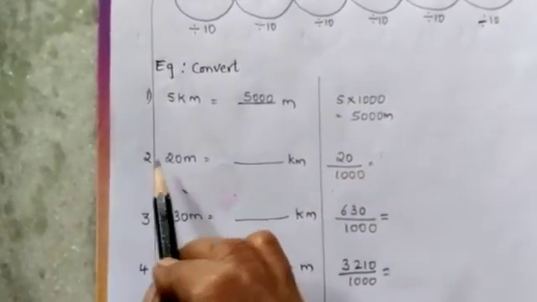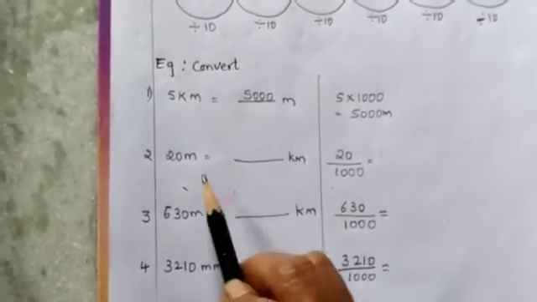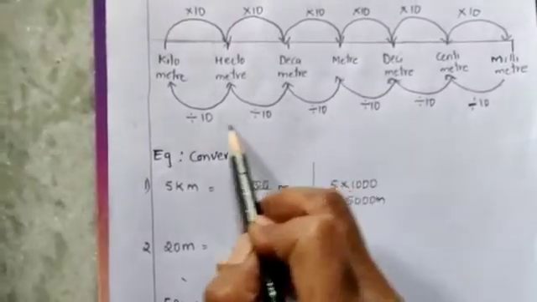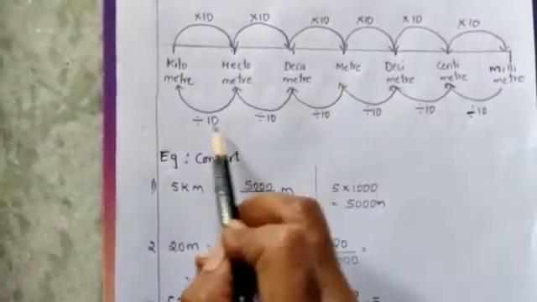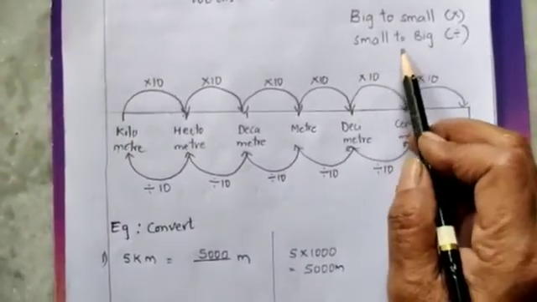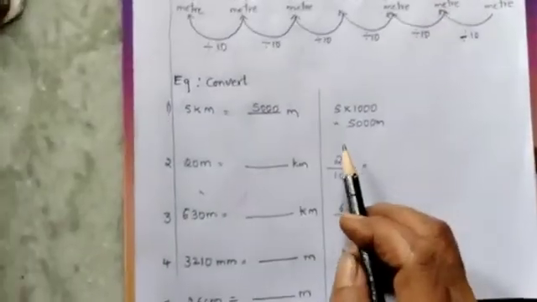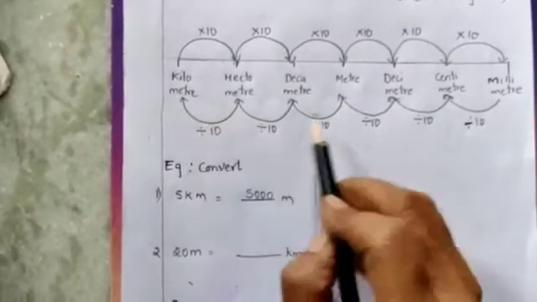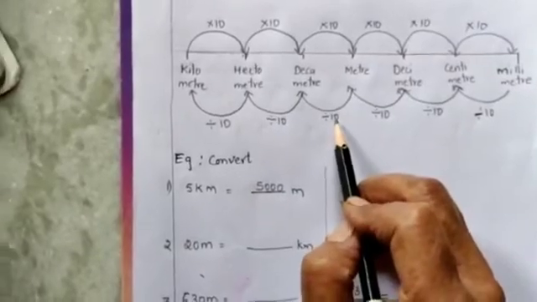Now the second one, 20 meters to kilometer. Meters to kilometer, that means smaller unit to bigger unit. So when you are converting smaller unit to bigger unit, you have to divide. So how much do you have to divide, children? Meter to kilometer, 3 times 10, that is 1000.